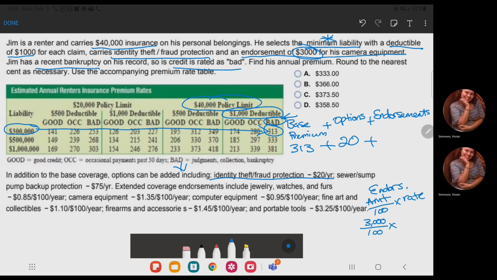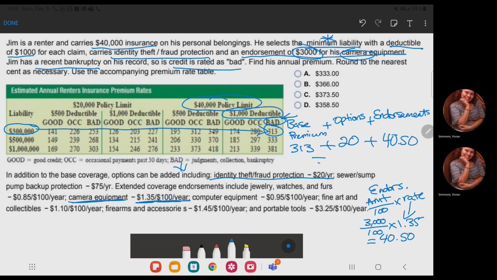Now the rate for camera equipment, you look underneath the table, there's normally something listed that tells you specifically what camera equipment is. So camera equipment is $1.35 for every $100 per year. So my rate is $1.35. When I do this out, I end up with $40.50 for this endorsement. That's what they're charging Jim to protect his camera equipment.